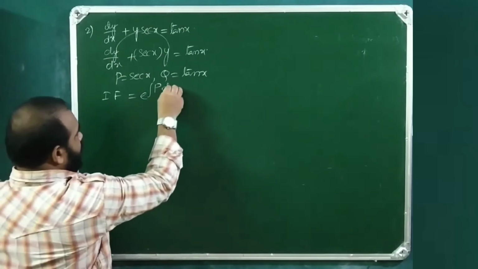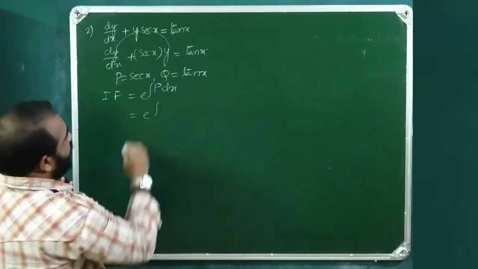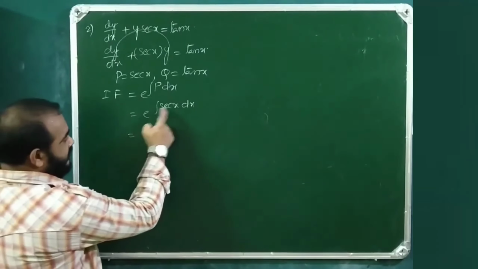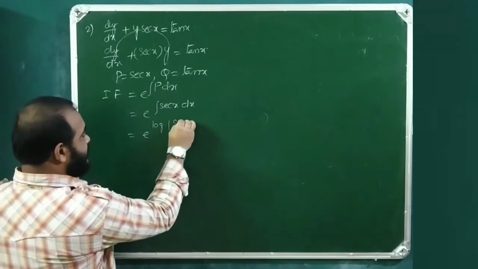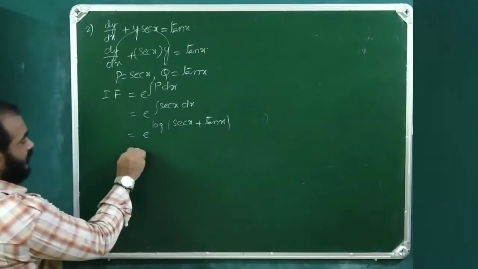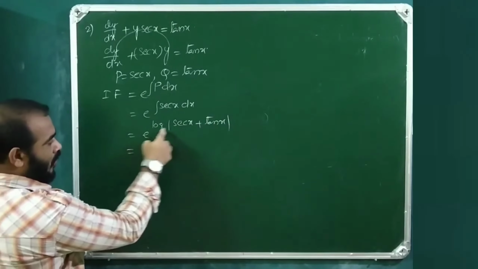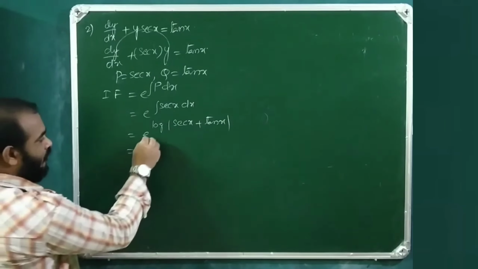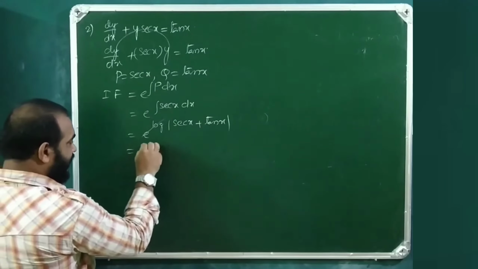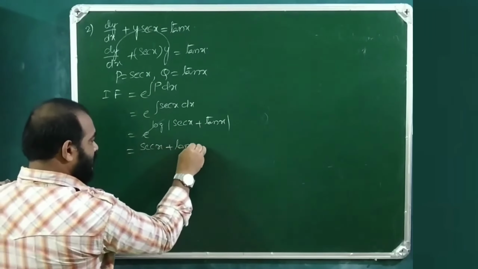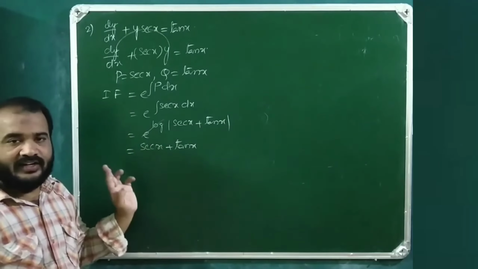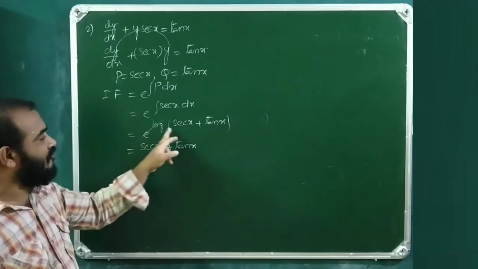So e power integral secant x dx, and integral secant x dx is log mod secant x plus tan x. So e power log f of x is nothing but f of x, therefore secant x plus tan x. For the sake of understanding I am just saying it cancels, but actually it is not cancelling; e power log f of x is f of x.